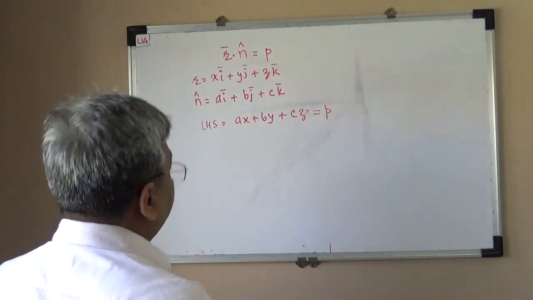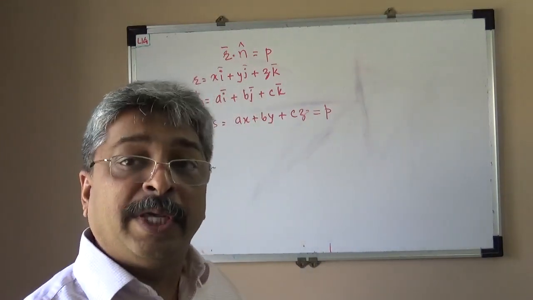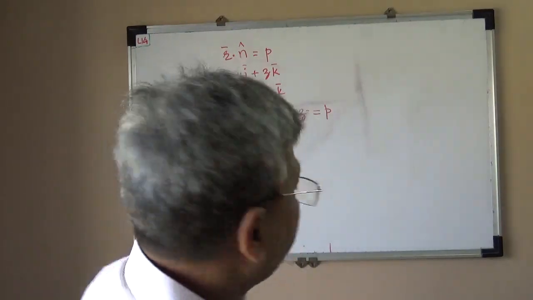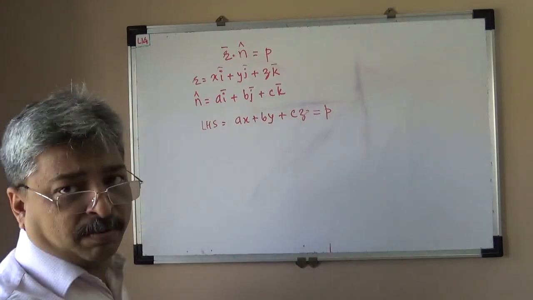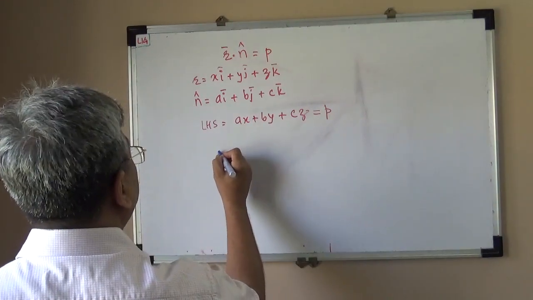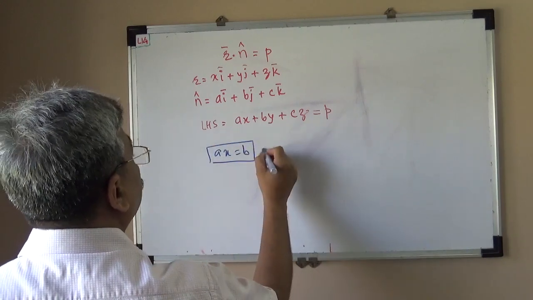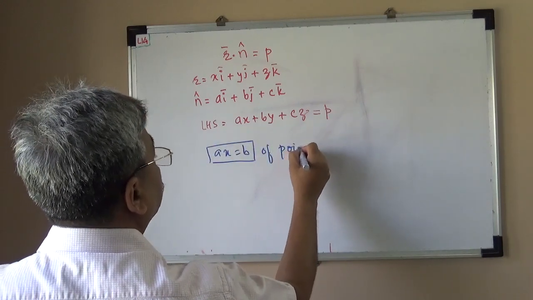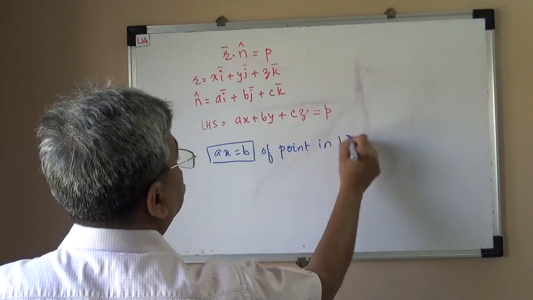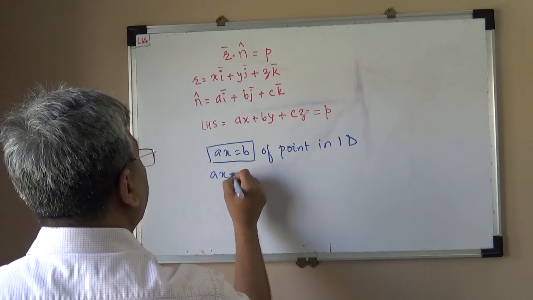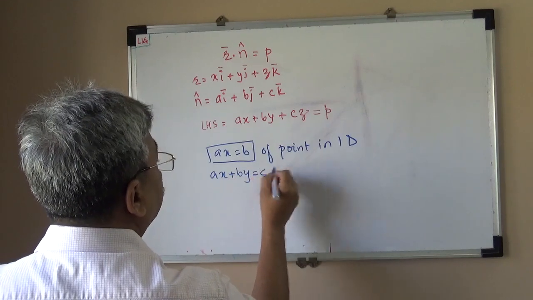Now here, if we wanted to guess this equation without doing any calculations, it would have been the same. What is the equation of a point in a one dimensional system? ax is equal to b is the equation of a point in a one dimensional system. What is the equation of a line in a two dimensional system? ax plus by is equal to c.